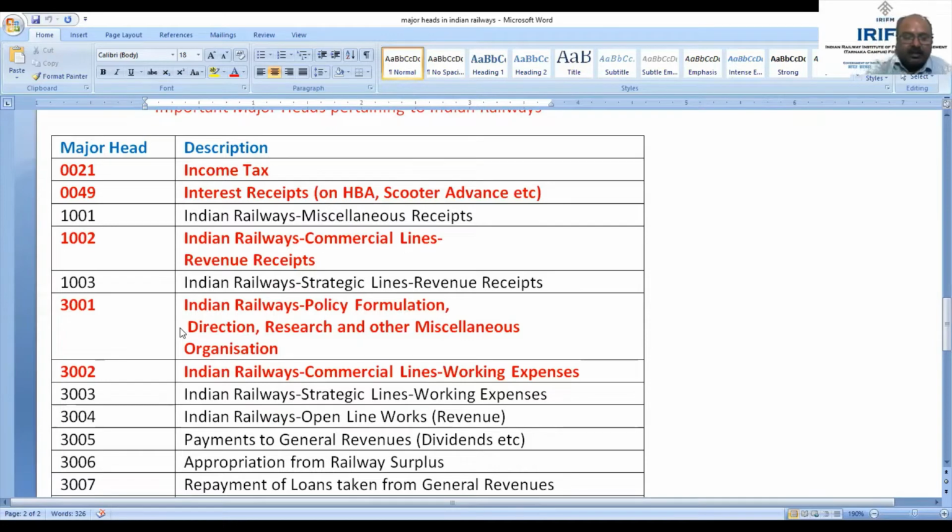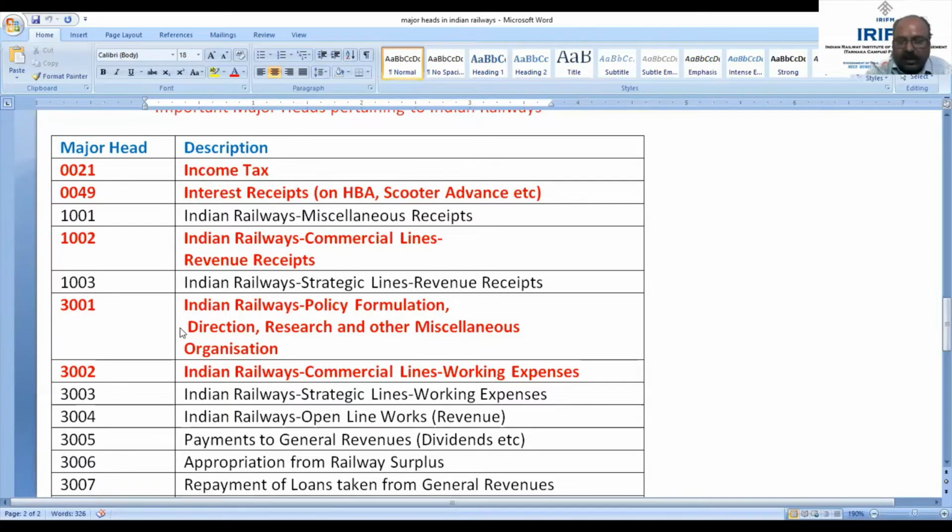If you check 3001, this is Indian Railways policy formulation, direction, research, and other miscellaneous organizations, nothing but representing erstwhile demand numbers 1 and 2. 1001 and 3001 are the Indian Railway miscellaneous items which are controlled by the Railway Board.